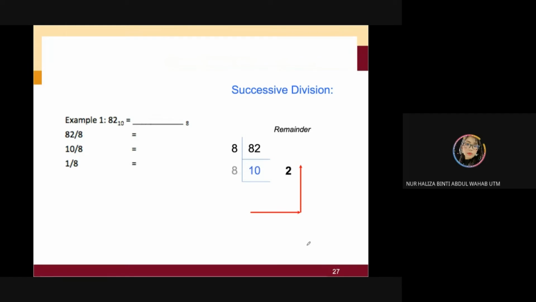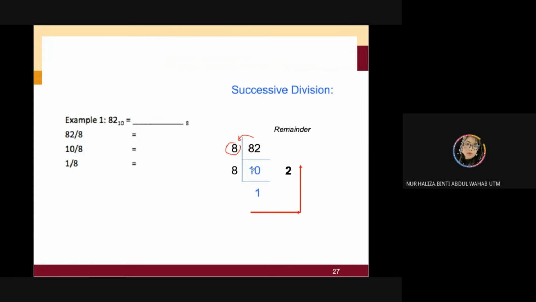When you have 82, you're going to divide it with 8, because you want to convert it into octal. So when you divide 82 with 8, you will get 10. There is another remainder, which is 2.